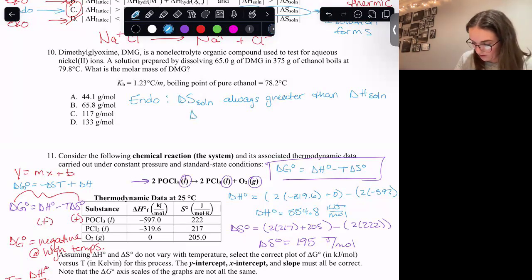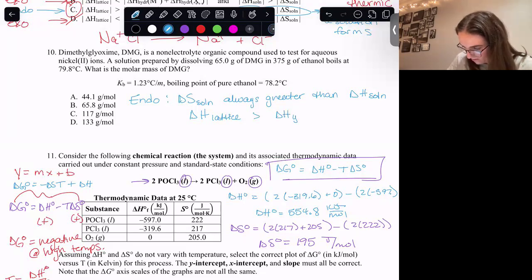And delta H of the lattice is greater than delta H of hydration. I feel a sneeze coming.